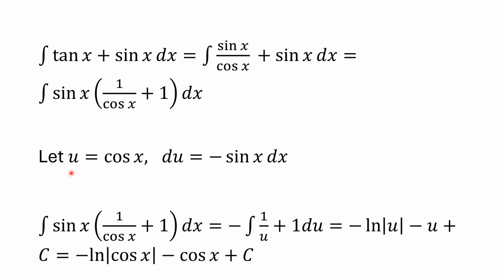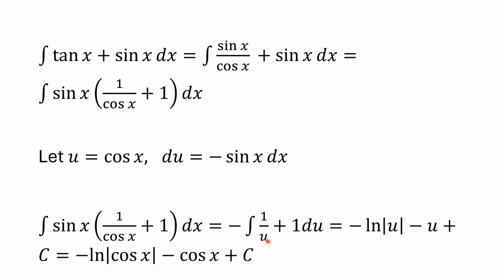So if I let u equal cosine x, du is negative sine x. So the integral of sine x times (1 over cosine x plus 1) dx is negative, and I've got to think of this as a multiplier of a negative 1. I'm going to have one negative left over.